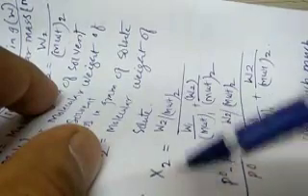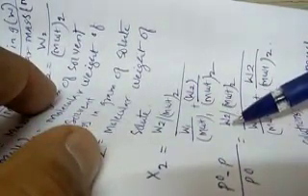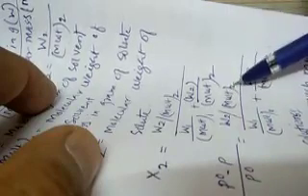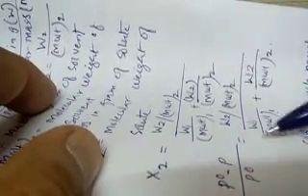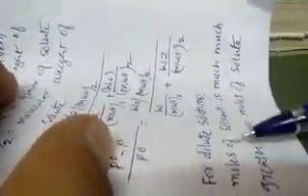But we know that P0 minus P upon P0 is equal to X2. So instead of X2 we can write this, and finally what we get is P0 minus P divided by P0 is equal to W2 divided by MW2, divided by whole W1 divided by MW1 plus W2 divided by MW2. Now for dilute solutions, remember this, moles of the solvent is much greater than the moles of solute.